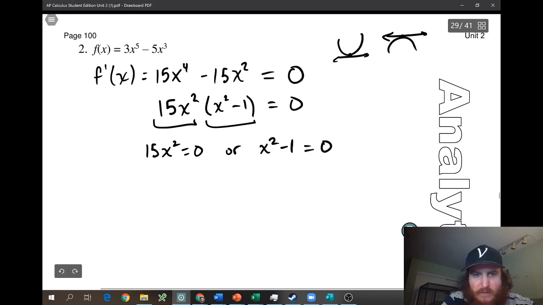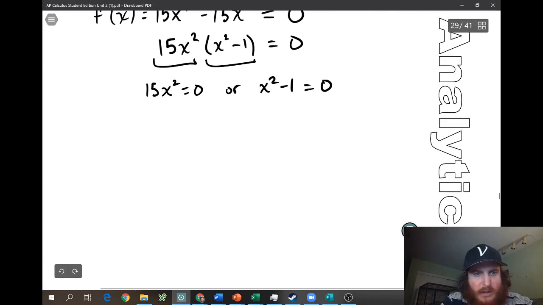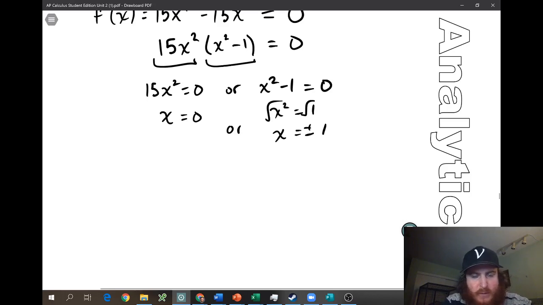Whenever I'm solving and we factor, I always do this as practice. So this side gives me x equals 0, divide by 15, take the square root. And this side gives us x squared equals 1, so we square root it, and we get x equals plus or minus 1. So we actually have 3 critical points here. We have 0, negative 1, and positive 1.